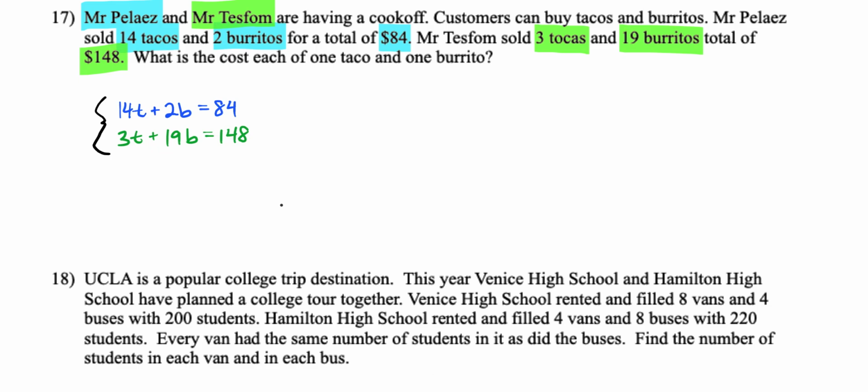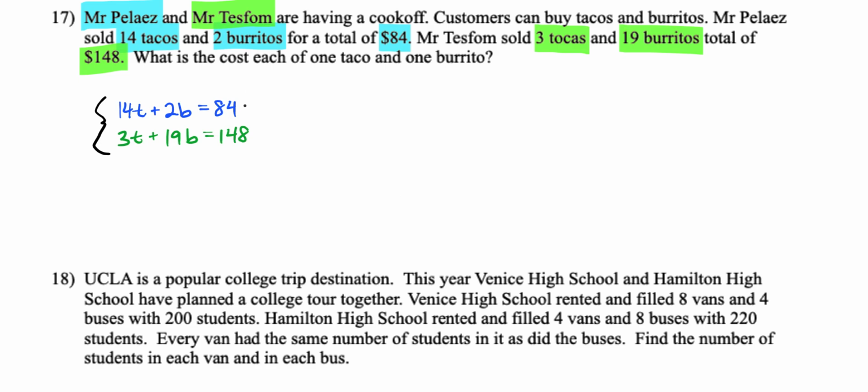We're allowed to use substitution, elimination, or graphing. When I look at this equation, I'm going to choose substitution. Not because it's the easiest, but because that's the one I feel the most comfortable with. It doesn't really matter which one you choose. For this problem, all of them are going to be a similar amount of difficulty.